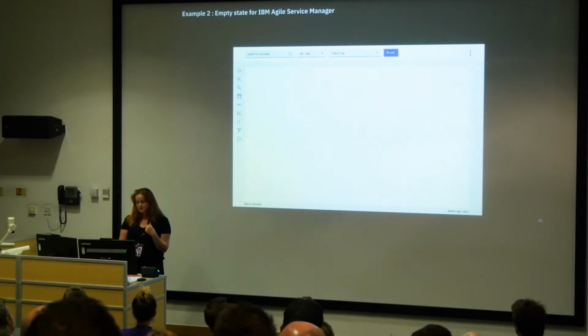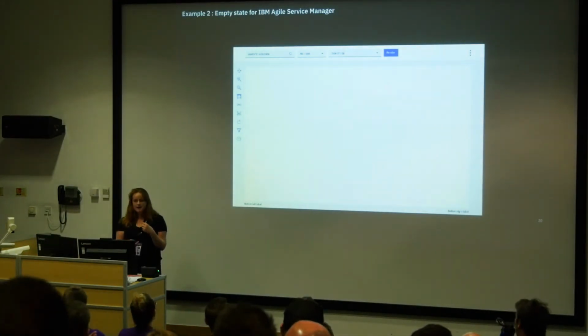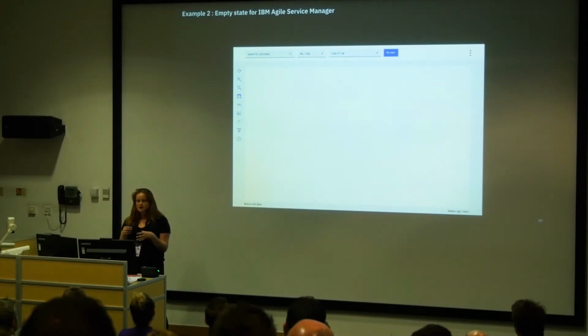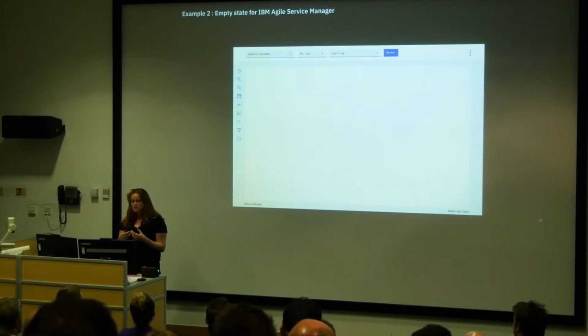So this second example is how we came to write the empty state text on a project called Agile Service Manager. It's a tool which visualizes topology, or a network map of IT assets, basically, and the user is an IT operator. So what they're looking to do is find the node that they've heard has a problem and look at the surrounding nodes around it to figure out where exactly that problem is beginning.